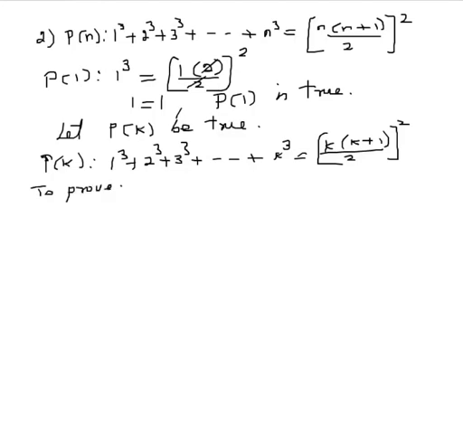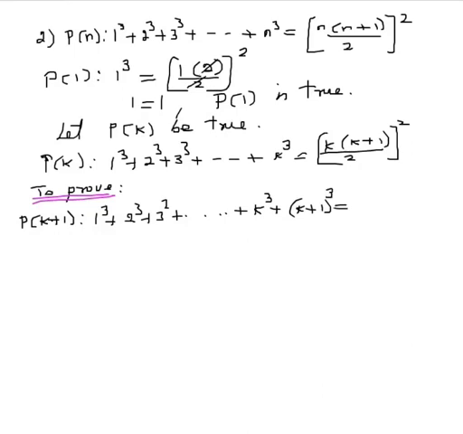Now to prove, we are going to prove P of k plus 1 statement, and the statement is 1 cube plus 2 cube plus 3 cube, etc. Let us write the kth term, which is k cube, and then the last term is k plus 1th term, which is k plus 1 the whole cube, is equal to, the right hand side we will substitute n as k plus 1 here.